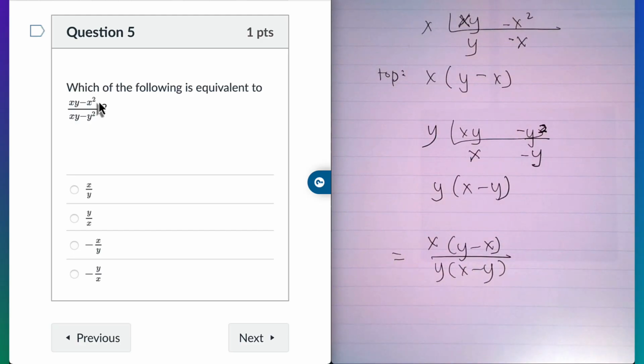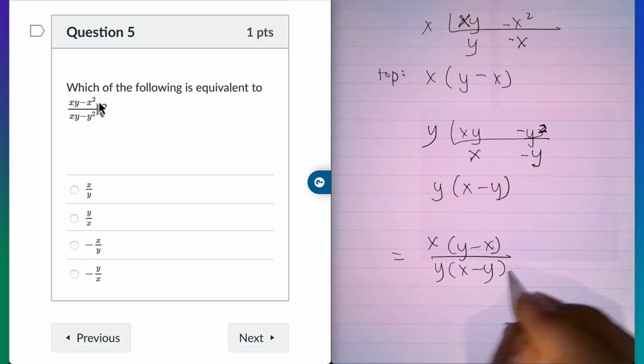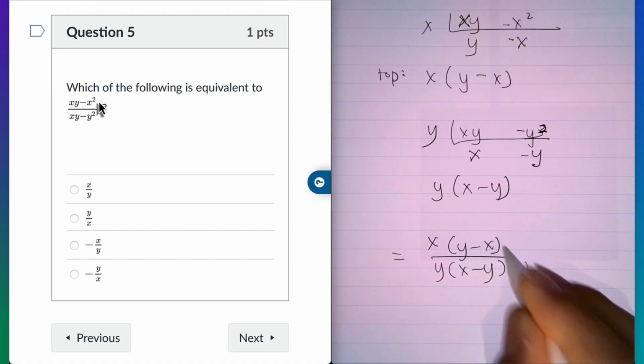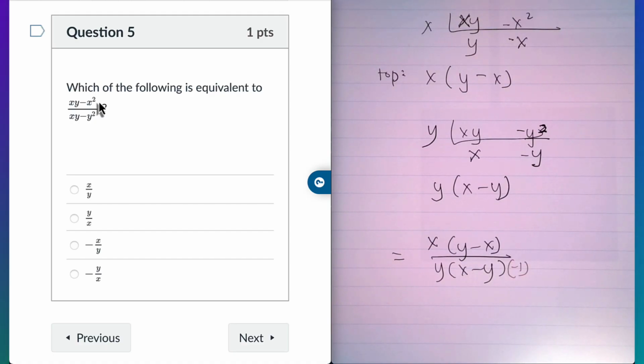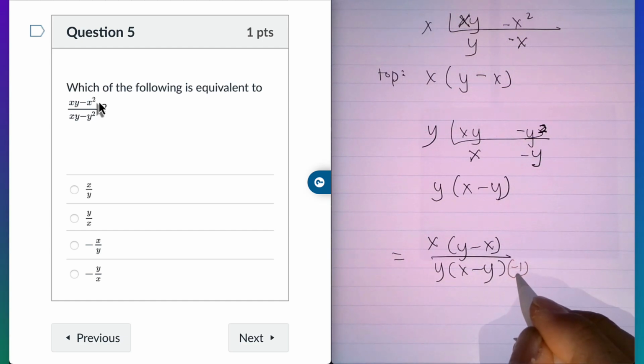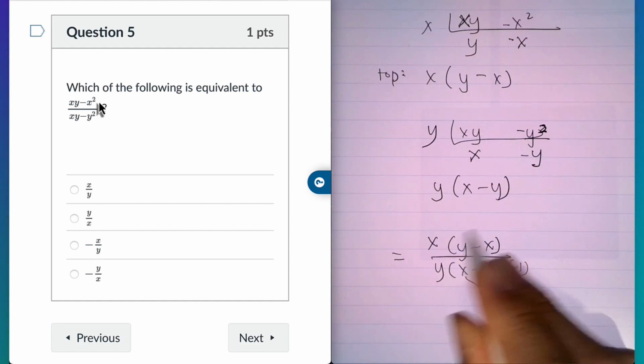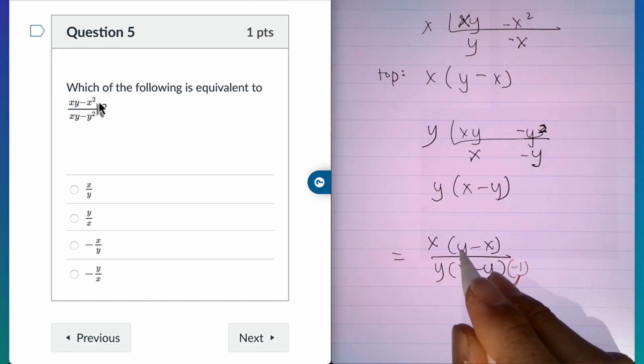What you can do is multiply negative 1 where you want. So let's say I want to multiply negative 1, although top doesn't matter. Just choose one side. So the way this works is that if you distribute negative 1, it's going to have the same structure as the top.